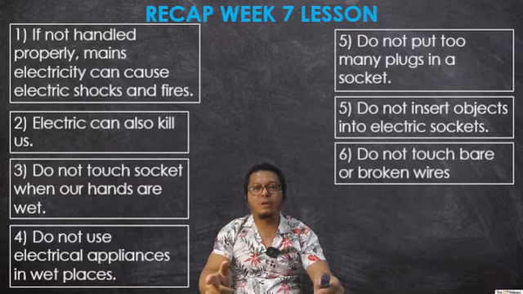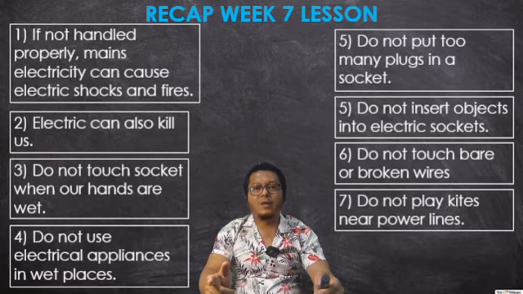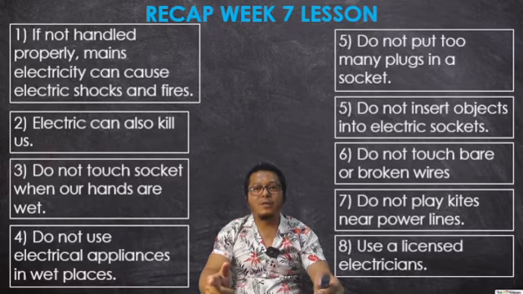Do not touch bare or broken wires. Do not play kites near power lines. Use a licensed electrician. And last one, if I'm not mistaken, do not hammer nails near electrical sockets.